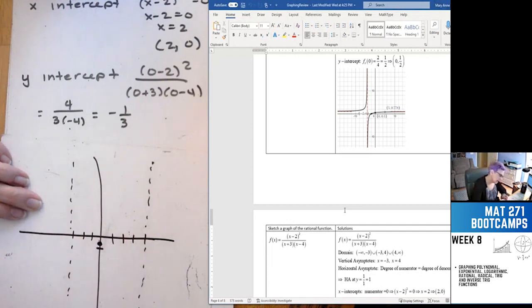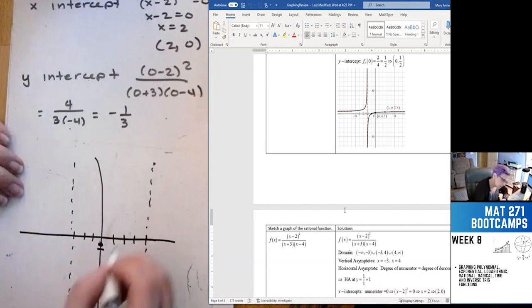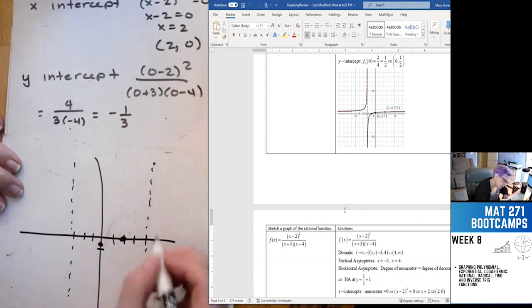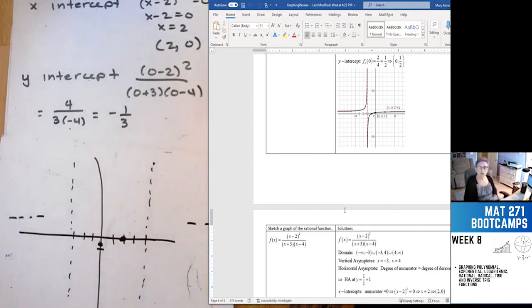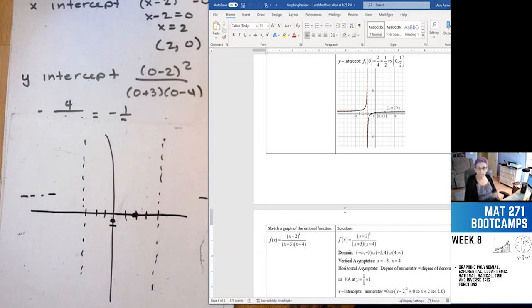I cross the x-axis at 2. And I have a horizontal asymptote at 1. So now I just have to figure out how I connect these dots.